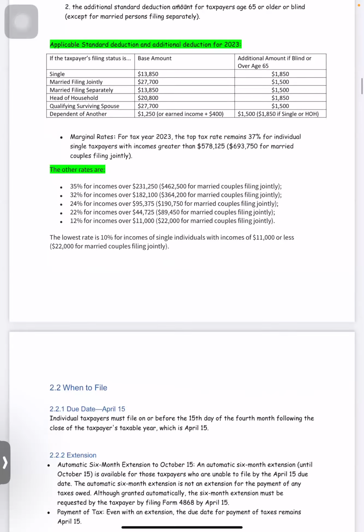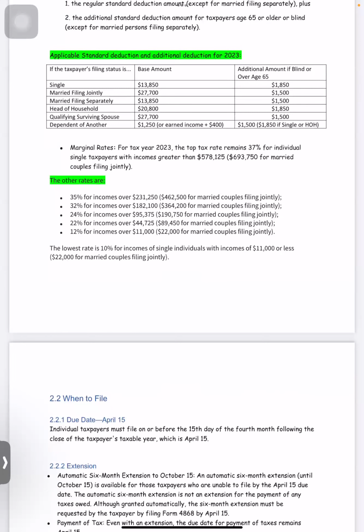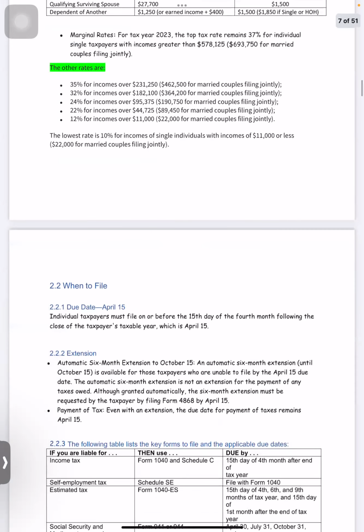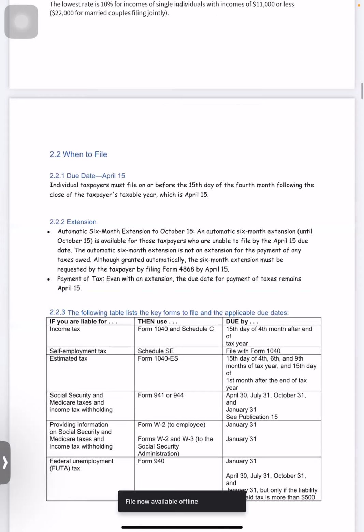Then the tax rate according to your slab rates: if your taxable income is over 11,000, then your tax rate will be 12%, and the slab rates will be doubled in case of MFJ filers. No need to remember this, it is just for your reference. Then we have when to file.